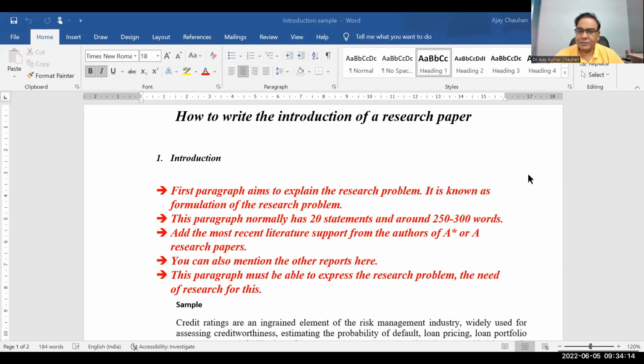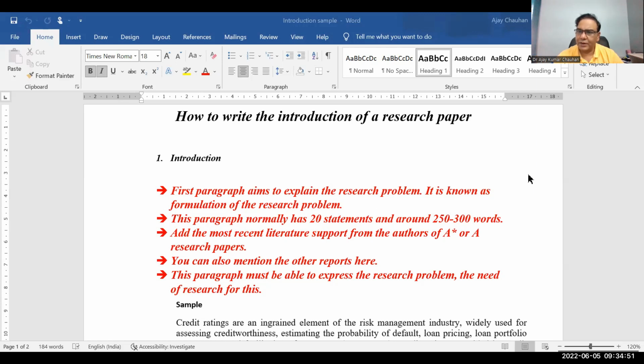And another thing is that the way you actually write the problem is very important. So we also conducted a small research on how to write the introduction of a research paper. And once we understood this concept, 90% of our papers were not rejected by the desk. So they go to the reviewer. If you understand these concepts, the chances of rejection will come down drastically.